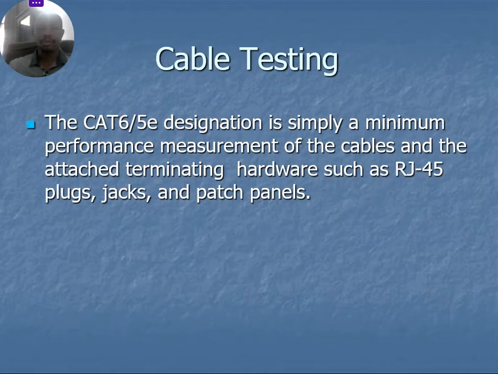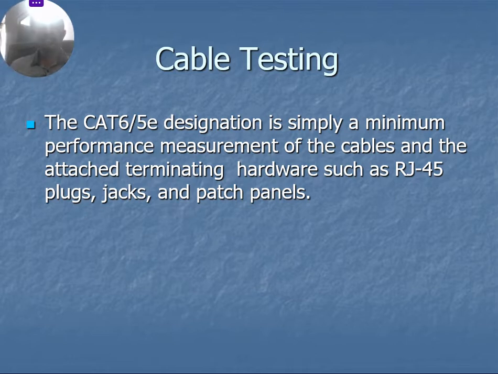Now let's quickly go on. Cable testing. The Cat 5E and Cat 6, that means category 5E and category 6 designation, is simply the minimum performance measurement for cable and the attached terminating hardware such as the RJ-45 plugs, RJ-45 jacks, and RJ-45 patch panels.